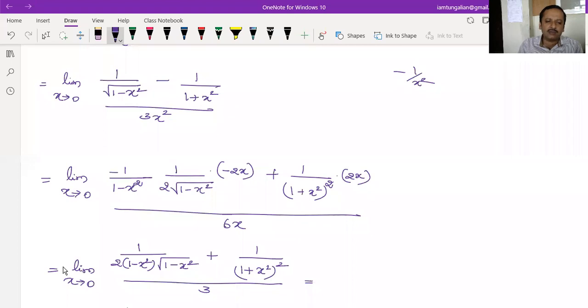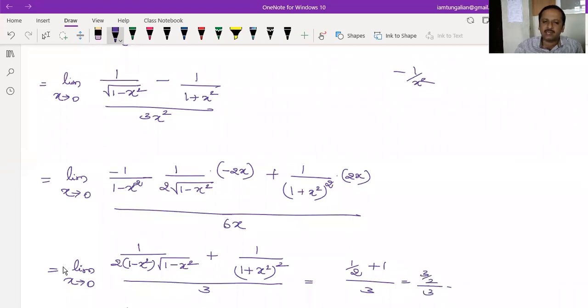Put x as 0, 1 minus 0, 1. Here also 1 minus 0, 1, root 1 is 1. So first term will give you 1 by 2 plus second term, where I put x as 0 here, we are going to get 1, divided by 3. 1 plus 1 by 2 is 3 by 2 by 3.